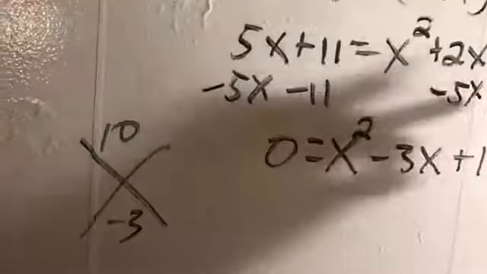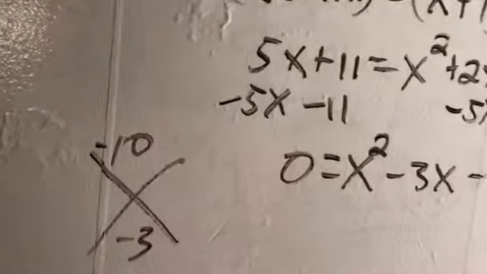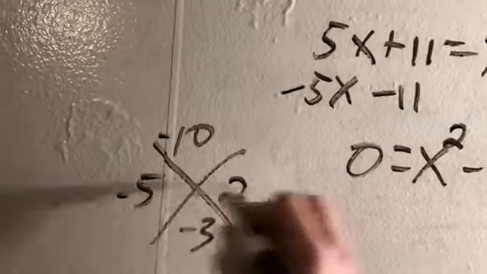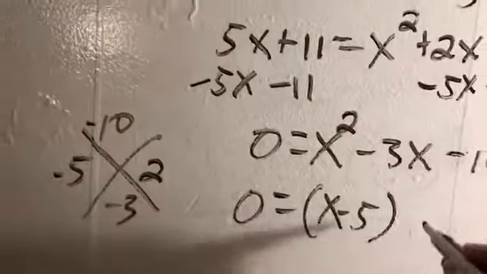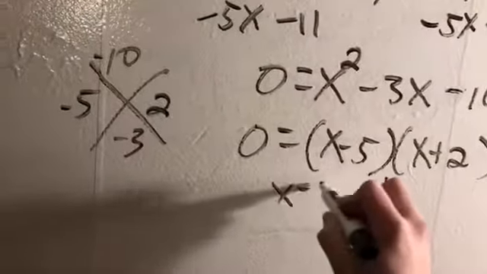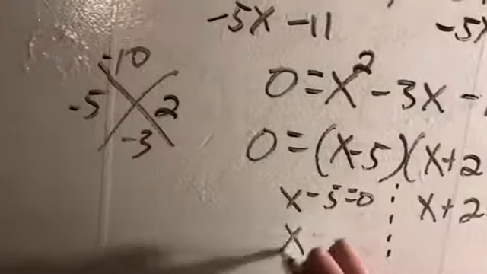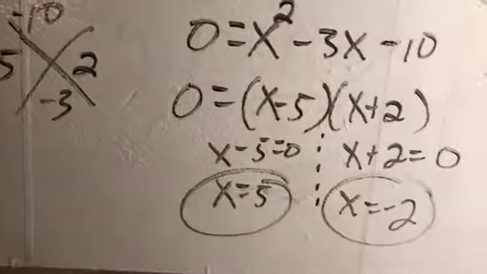Oh, and 1 minus 11 is negative 10. Sorry about that. Negative 10. So now negative 5 and 2 gets us negative 10, combines to get negative 3. And then we'll set each of these equal to 0 and solve. X will equal 5, and x will equal -2.